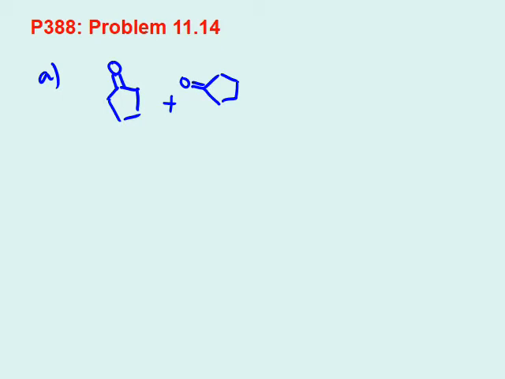Keep in mind, each of these have alpha hydrogen on each side. So I'm just showing you one side, not to complicate this. And in presence of a strong base, hydrogen will be gone, and you get a negatively charged compound.